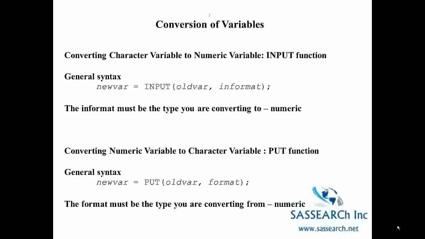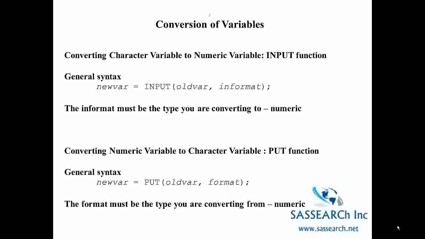And so we need a way to convert that character string to a number. The general syntax is that you take a variable, new var, equal, and you're going to use the input function. Within the parentheses, you're going to have your old variable and then an informat. The informat must be the type you are converting to, which is in this example numeric. And we are going to look at an example of this in the demonstration video.